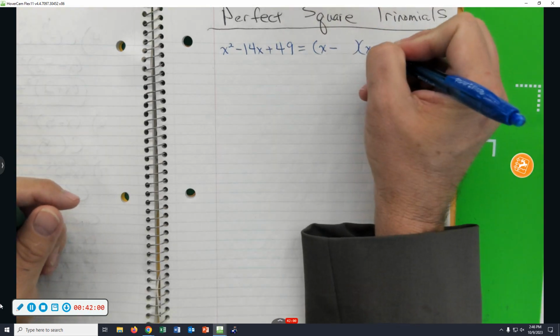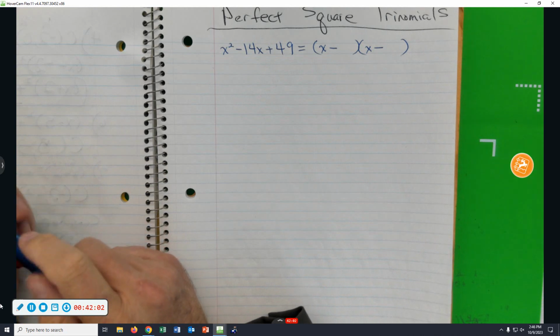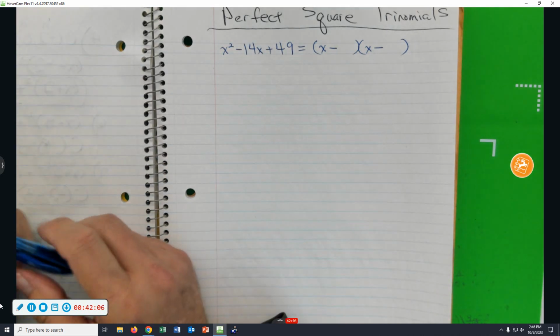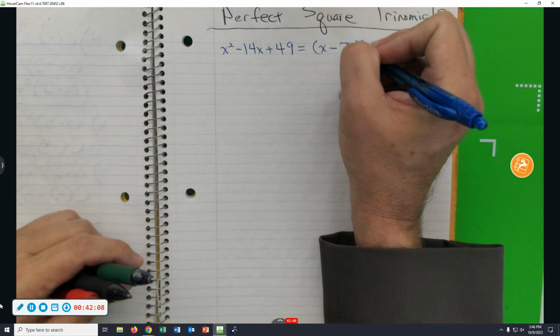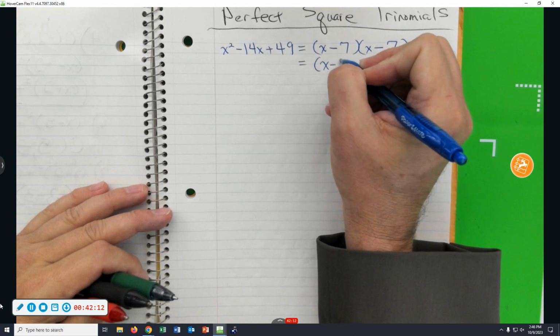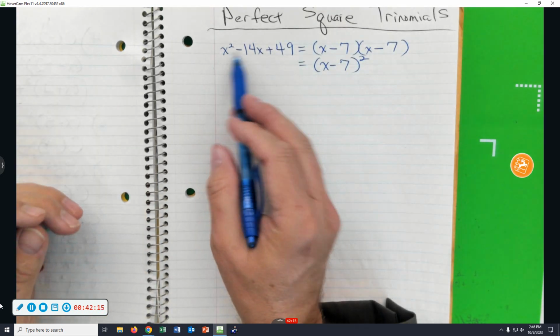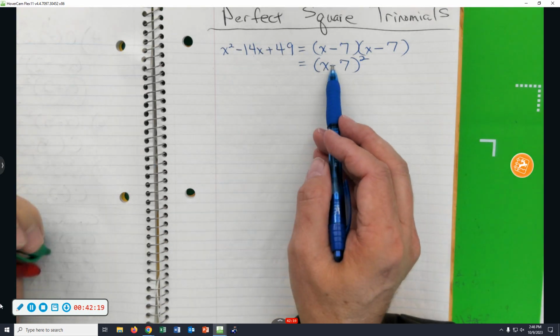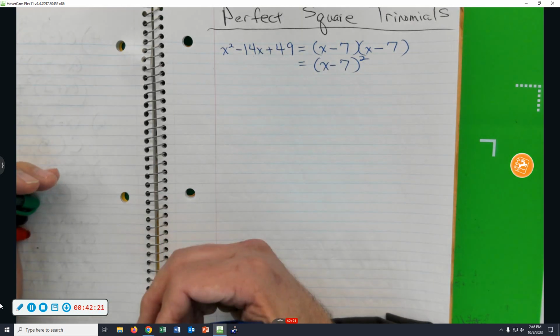So minus and minus. What times what's going to give us that 49? 7. So x squared minus 14x plus 49 factors as x minus 7 quantity squared.